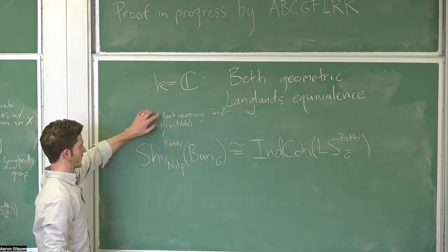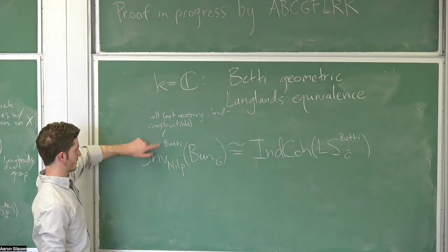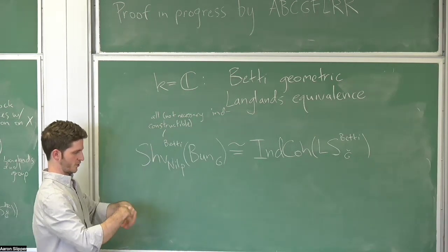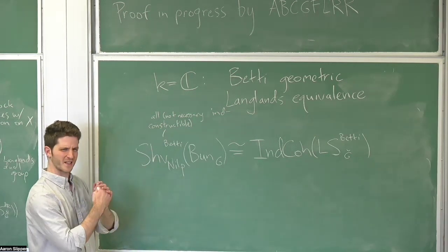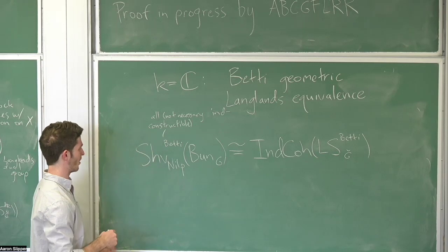So again, this maybe looks a little surprising if you're used to, I don't know, the usual setups. You almost always take things that are compactly generated by constructible sheaves. That's usually how you set things up. But here we really take all of the Betti sheaves.